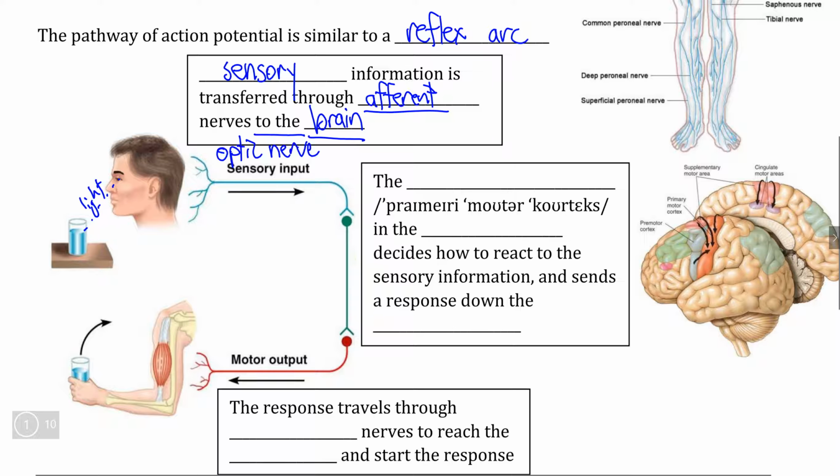Now, we're not going to talk in too much detail about the different functions of the brain, so if you'd like to know about the 4 different lobes of the cerebral cortex, that's research that you can do on your own time.